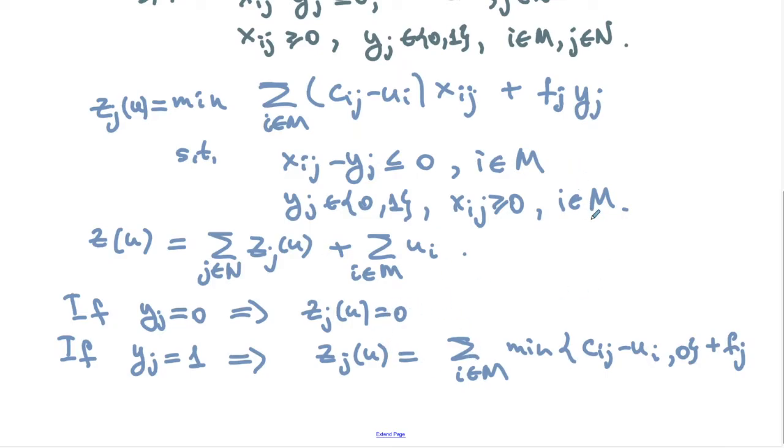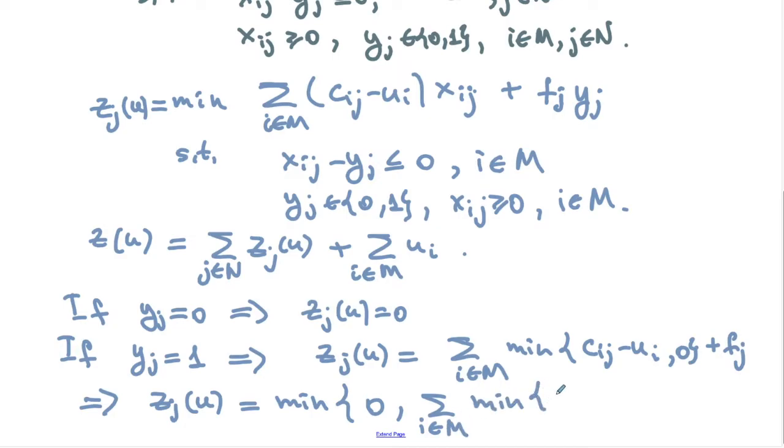So therefore zj of u is going to be the minimum of 0 and the summation of the minima of cij minus ui and 0, plus fj, and this gives us the value for zj of u.